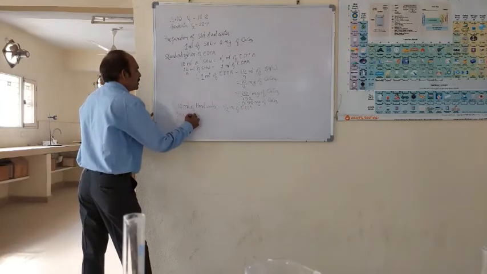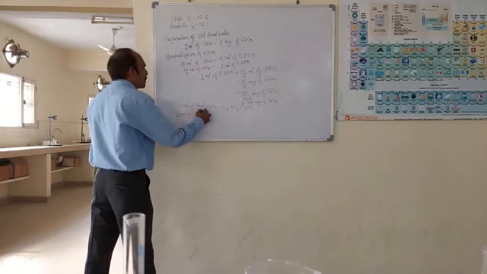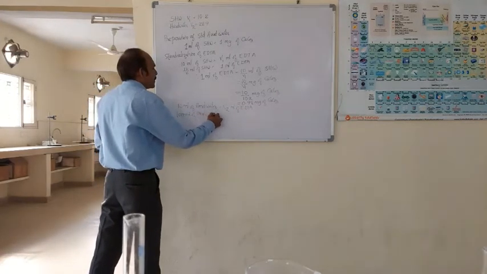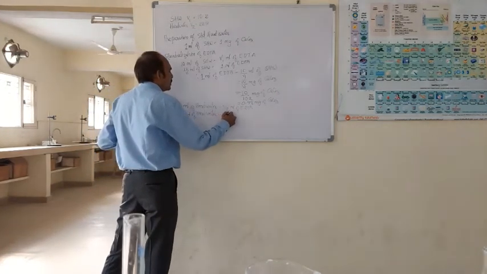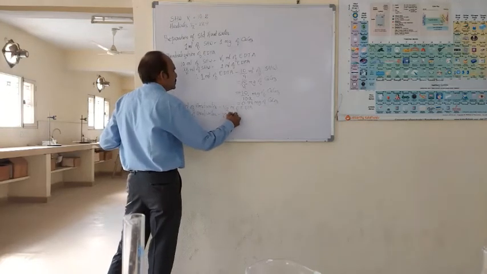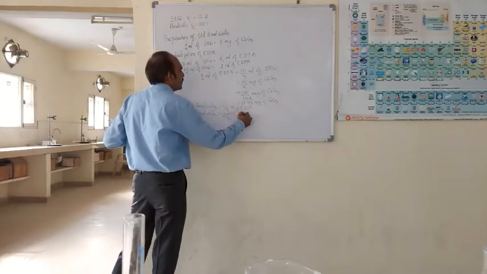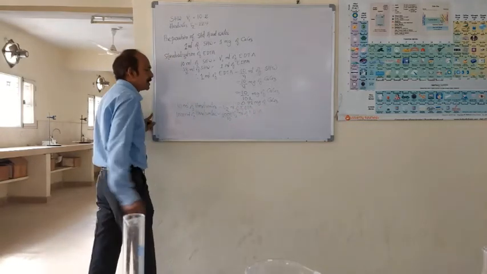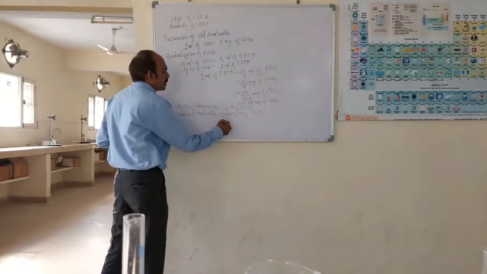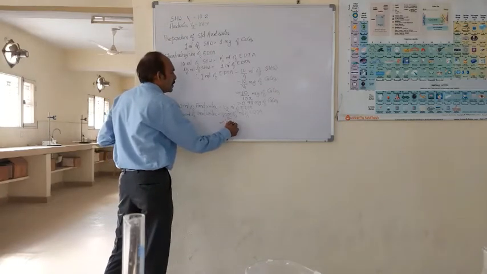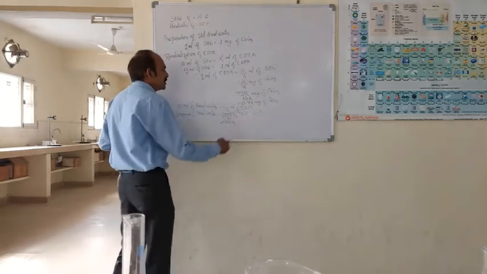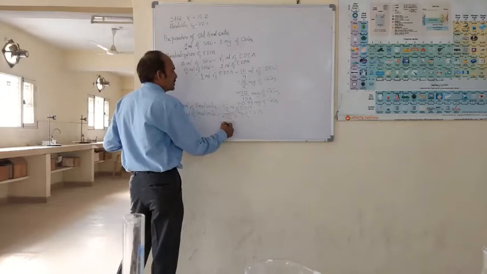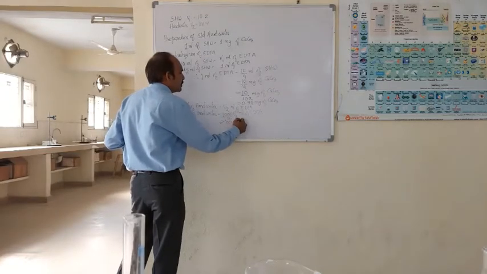So 1000 ml of hard water is equal to 1000 by 10 into V2 ml of EDTA. 1000 by 10 is nothing but 100, so 100 V2 ml of EDTA.